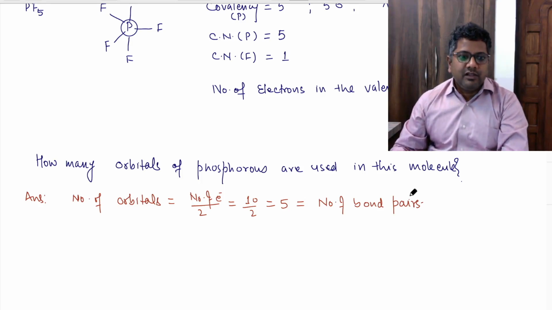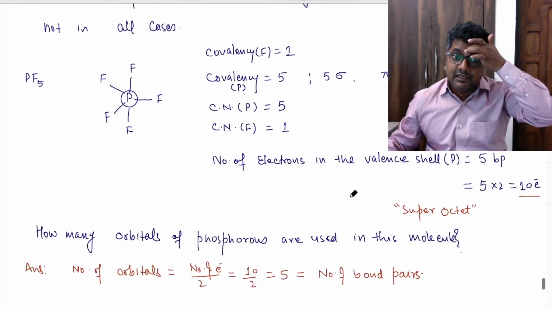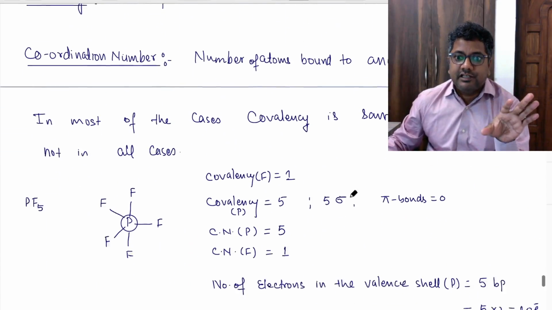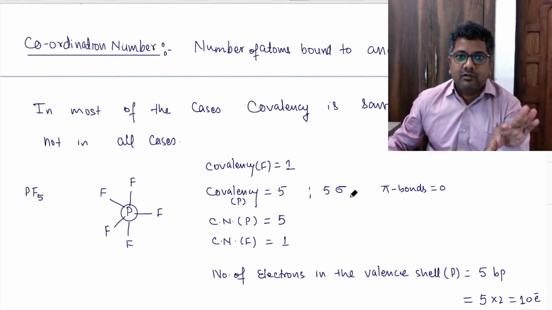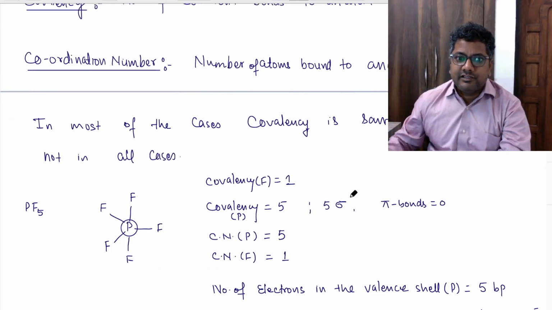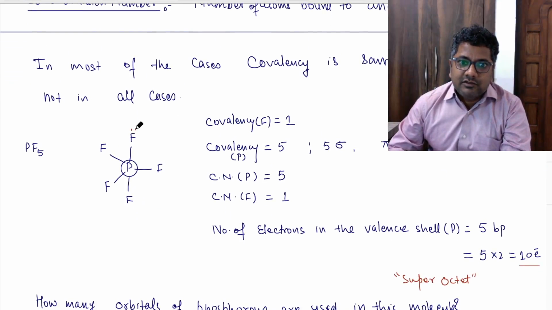Okay, hopefully all of you are clear in this regard, what is coordination number, what is covalency, and how many orbitals are involved, how many sigma and pi bonds are there in the molecule, right? So hopefully it is clear. And now see, I have not shown here, but you know 3 lone pairs are there in the fluorine.